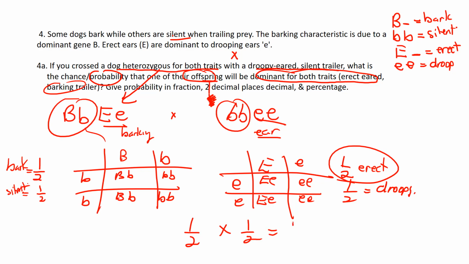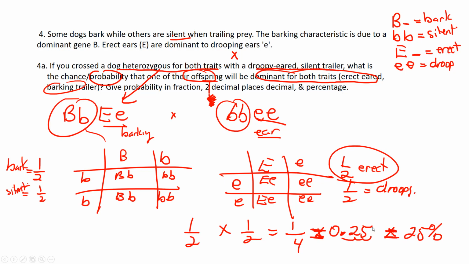Let's do the fraction. 1 times 1 is 1, 2 times 2 is 4. There's your fraction, decimal equals 0.25. And if we want that into a percentage, multiply it by 100, 25% chance of having a dog that is erect and barking with those two parents.